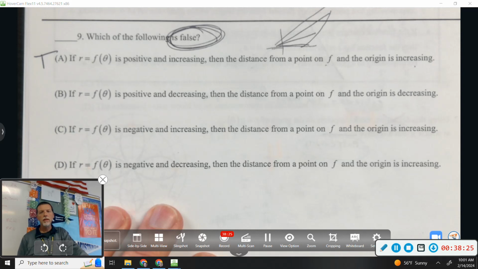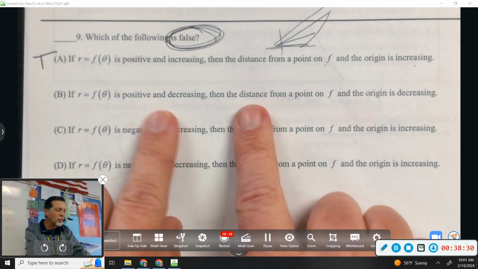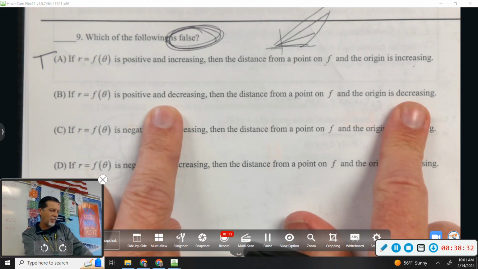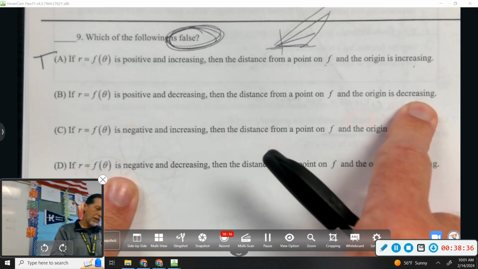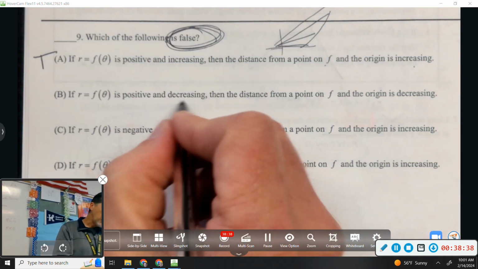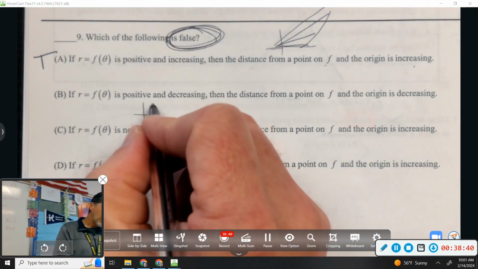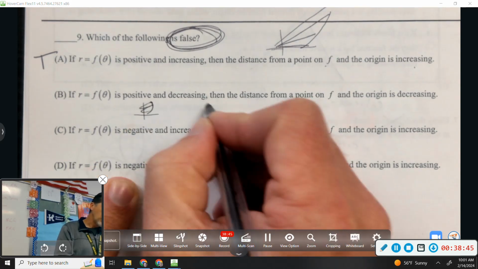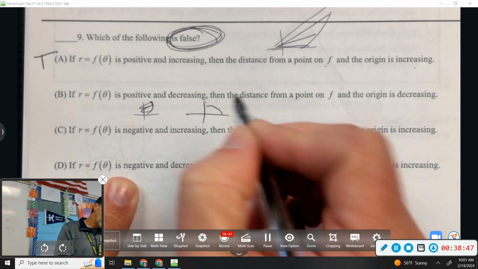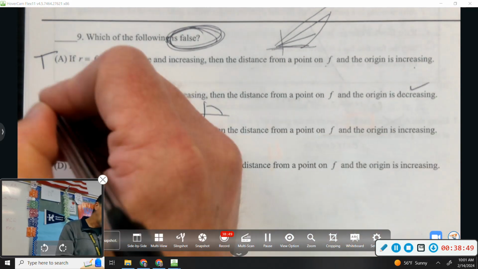And I bet I could work this problem by, if it changes one of these things, it probably changes this answer. So positive and decreasing is probably decreasing. If r is positive and decreasing, so it's getting smaller, so it's getting closer to the origin, then yeah, that distance is decreasing, so that's true.